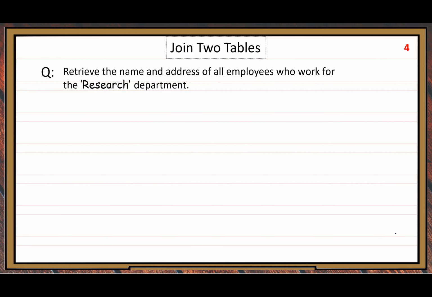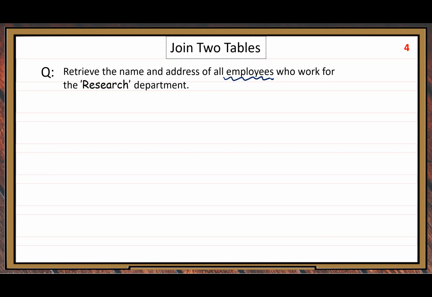First, let's look at our query question. Here, this is the query question: retrieve the name and address of all employees who work for the research department. When you understand this statement, you can see we need to use the employee table, because the name and address information is stored in the employee table.